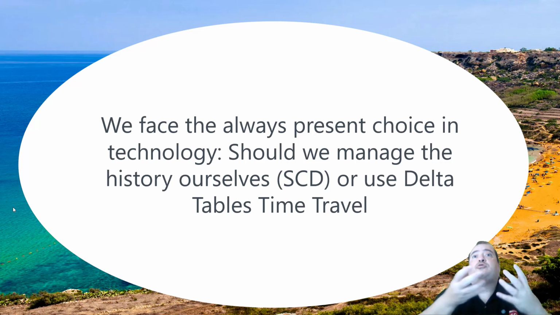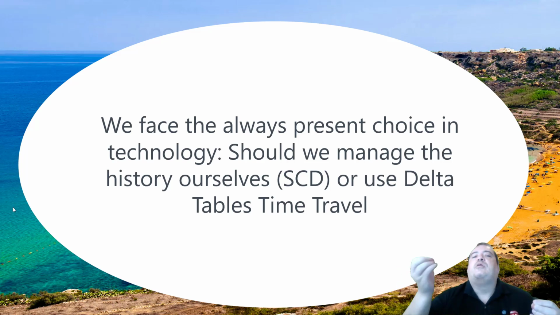So we need to choose to manage the history manually using what we know about data modeling, or using the technical feature of time travel from Delta tables. It's a choice, and according to your choice, you need to know the consequence. That's what we are talking about on this Fabric Monday.